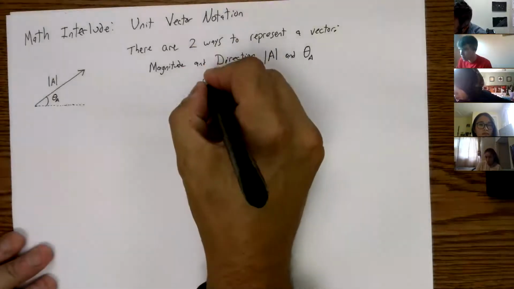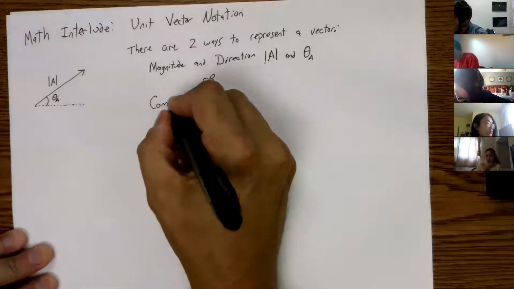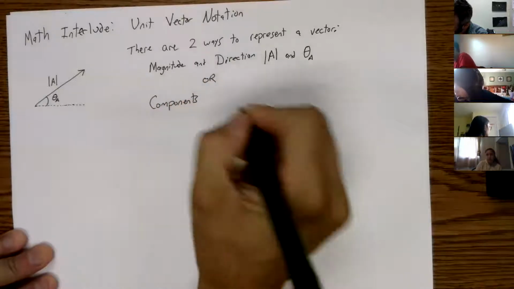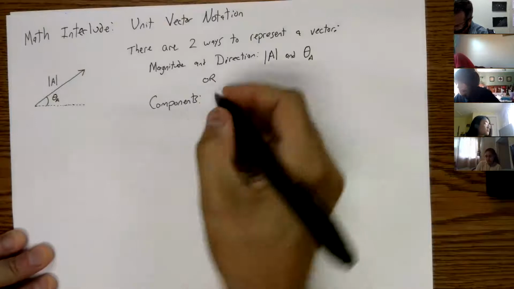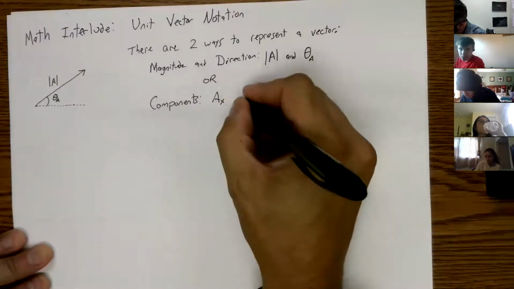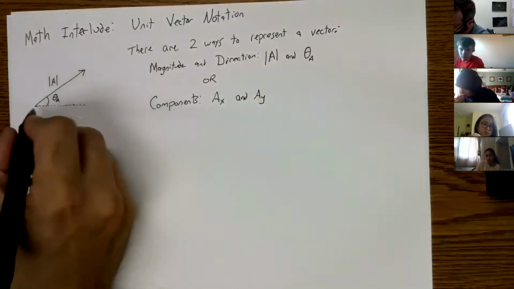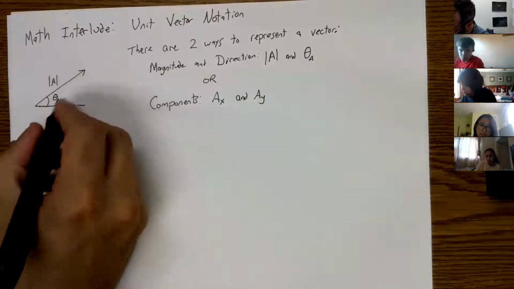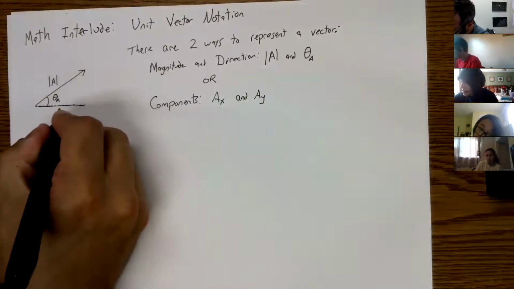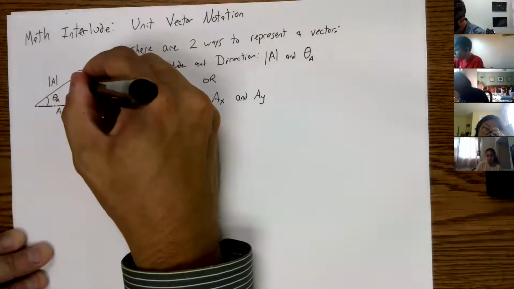The other good way is with components. The components would be the x and the y components, so Ax and Ay. On this diagram, Ax would be this distance, and Ay would be this distance.